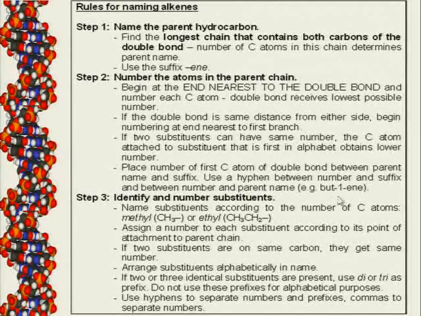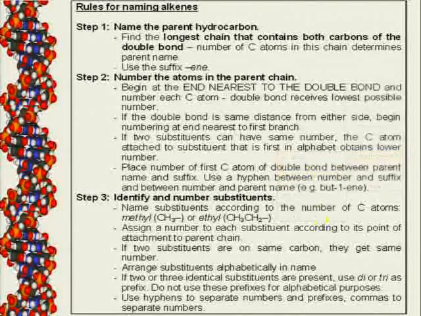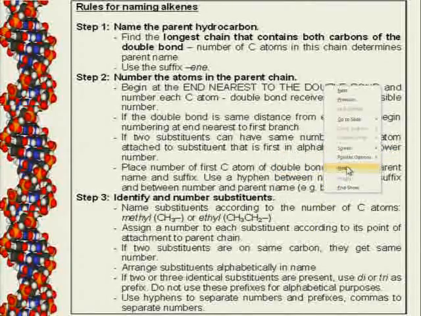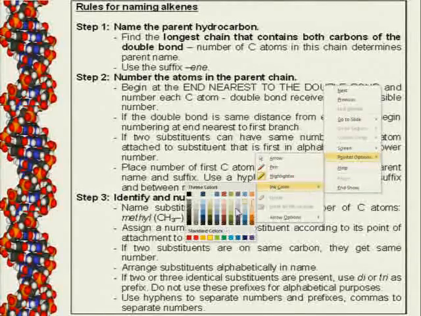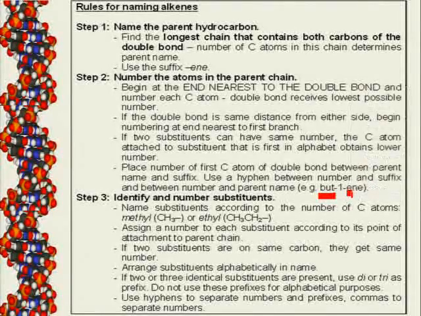There is the parent name, there is the suffix, and between them you've got the number. All right? So I've got a parent name there, I've got a suffix, and between them there is my number of the double bond. The position of the double bond is between them.